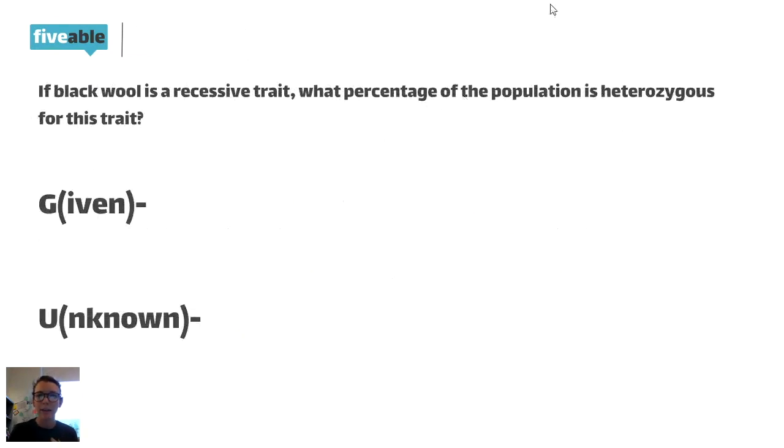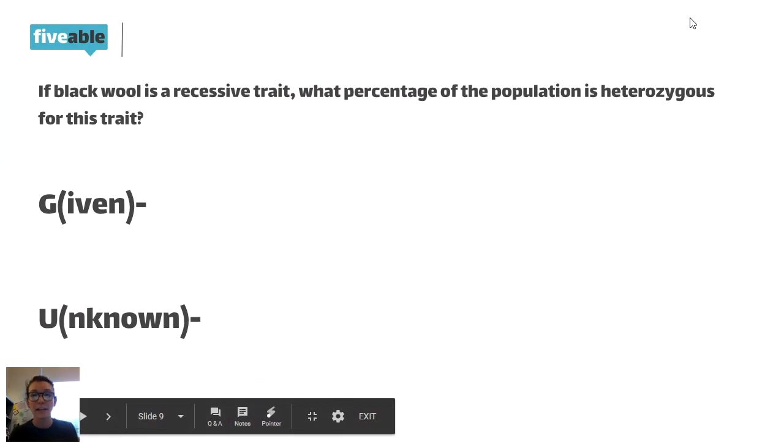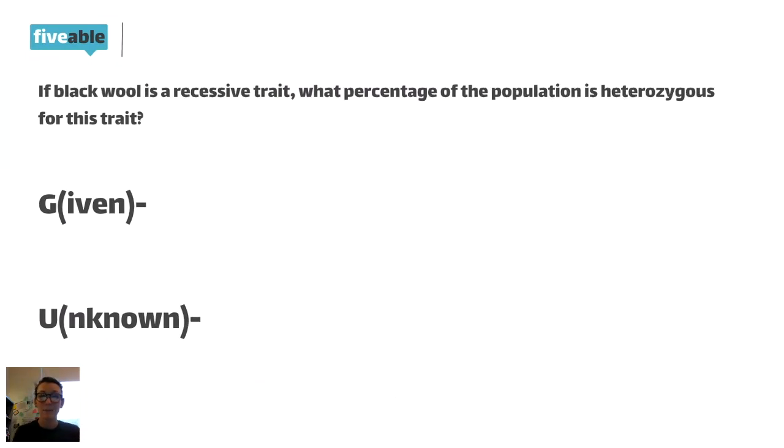If you reflect back on that problem, what we need to know is what that actually means for us. 4% of the population has black wool, which is recessive, and 96% of the population has white wool, which is dominant. We're going to see this in another problem, but for the sake of an easier start, just know that we don't want to deal with that dominant population because we don't know if they're homozygous dominant or heterozygous.